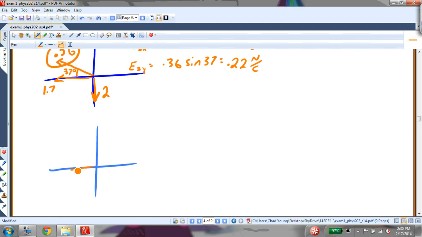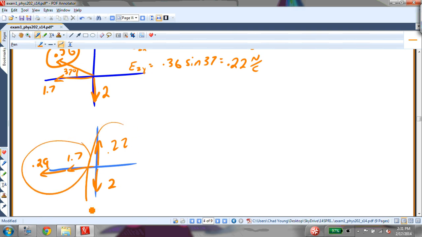I have 1.7. I have 0.29. This is my x component of E2. 0.22 and 2. Now, I combine these like components. I add these together. I take the difference of these.